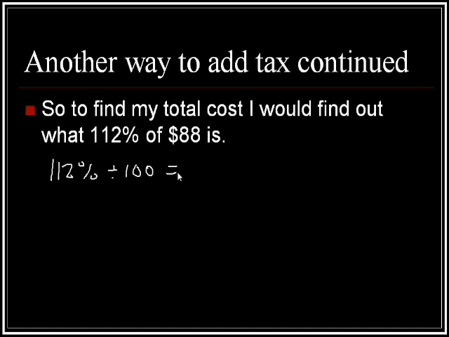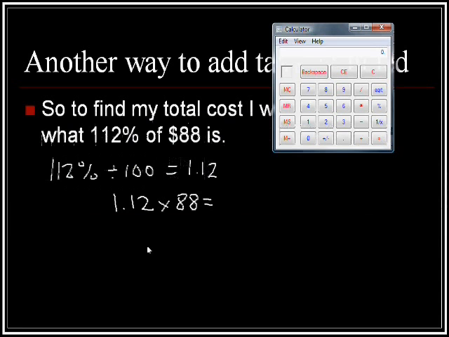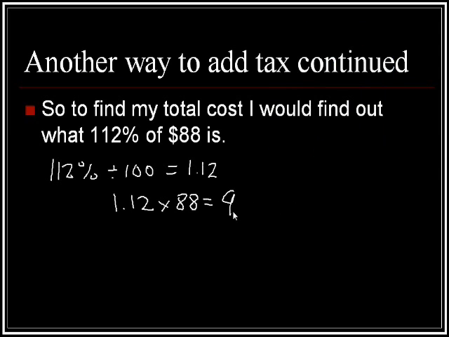So then we go 1.12 times my $88. 1.12 times 88 equals 98.56. 98.56 is my total cost.